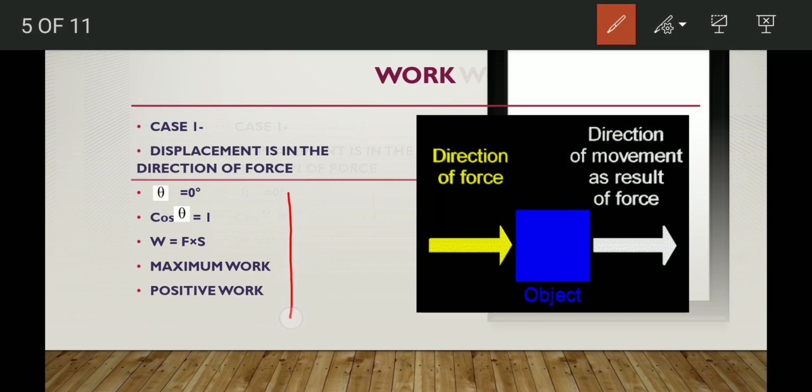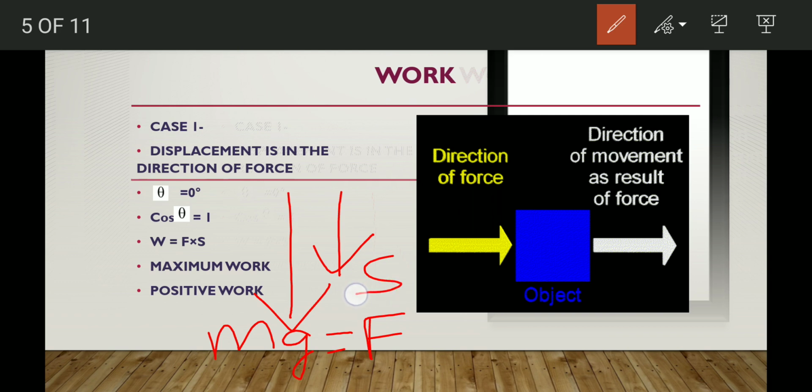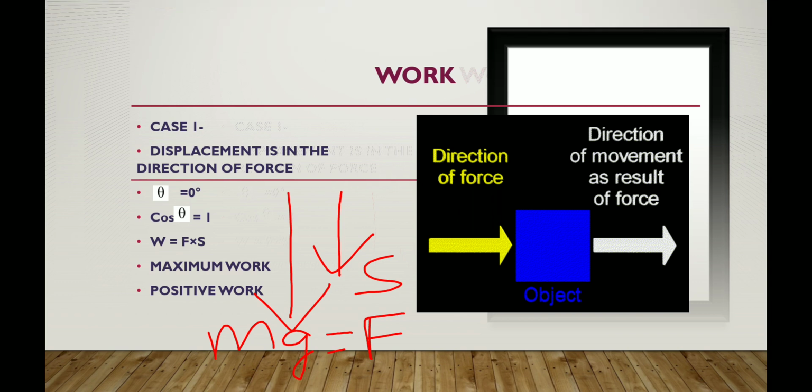Suppose a body falls towards the ground, that means the force which is acting on the body is equal to the weight of the body, and weight is acting due to the force of gravity, and the displacement is along this direction only, then the angle between them will be 0 degree, and hence it is the condition when maximum work is done.